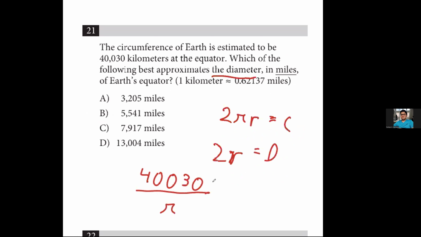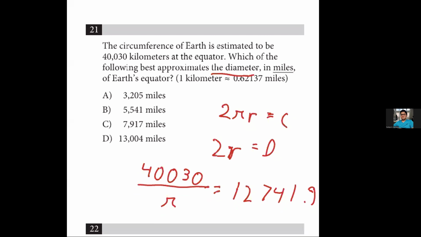And this will give us the diameter. You can put this into your calculator, but you get 12,741.9 approximately. And then all you need to do is convert. So the conversion factor would just be taking this answer and then multiplying by 0.62137.